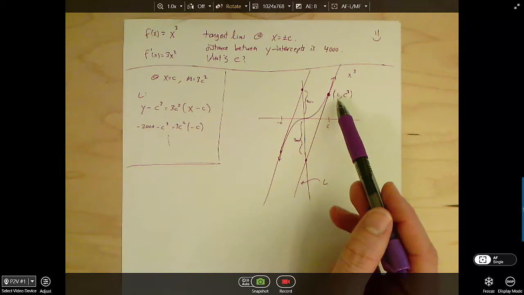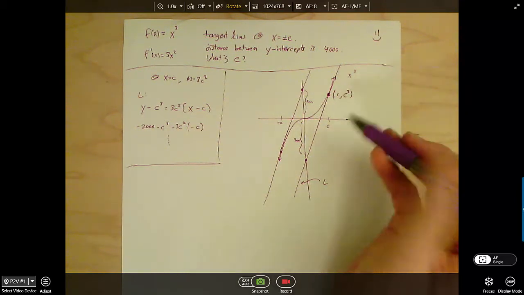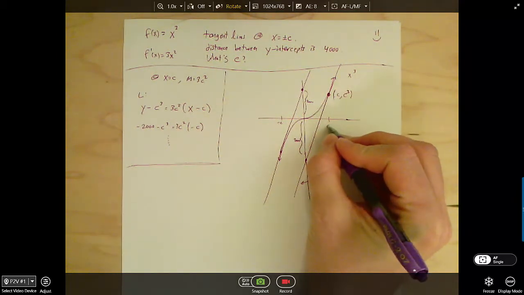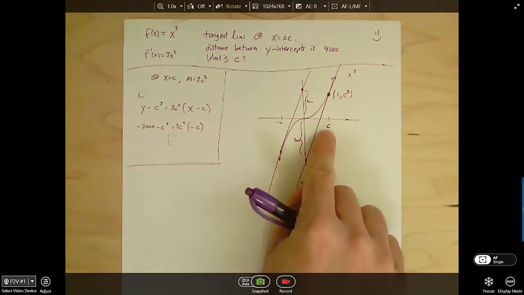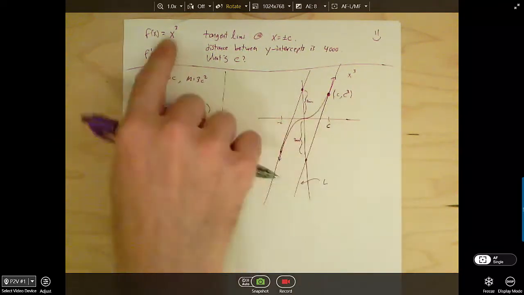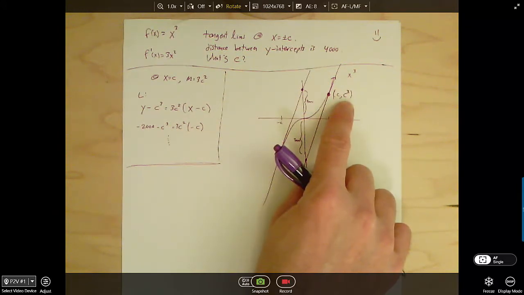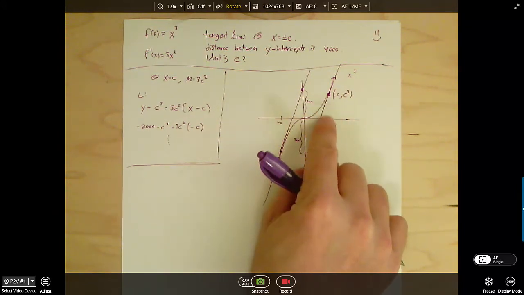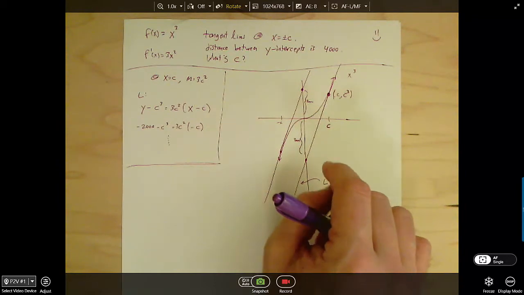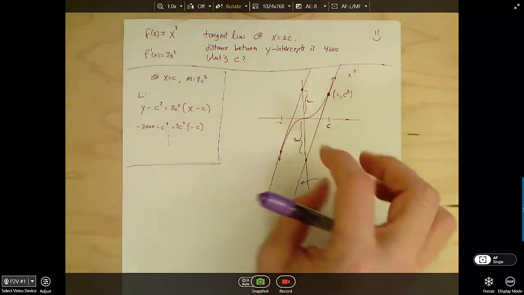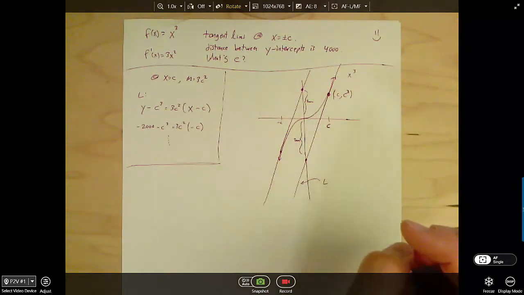In a certain sense, that's accurate, but once you've established that the x value is c, you could figure out what the y value was by plugging it in. So in a certain sense, you do know what the y value is in reference to the x value. So I'd say practicing labeling things in general like this is also going to help you.